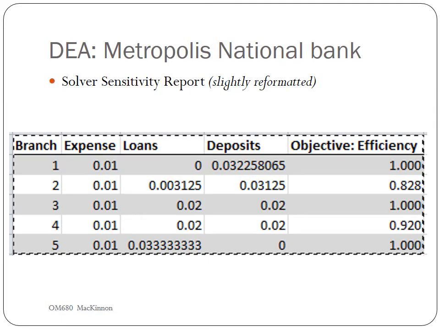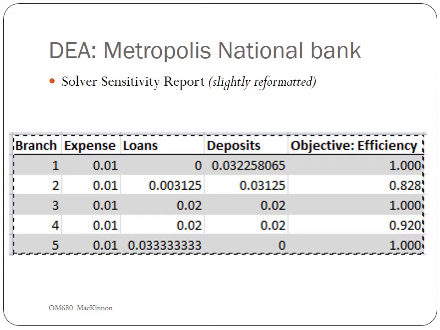And so this is what it looks like, slightly reformatted. We've gone through branches 1 through 5. The expense weight, as we know, is the same, and then our loans and deposits are our weights.